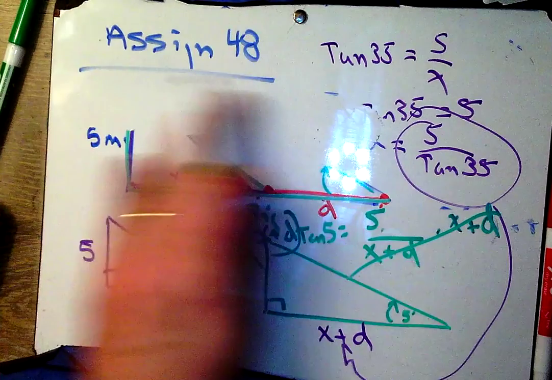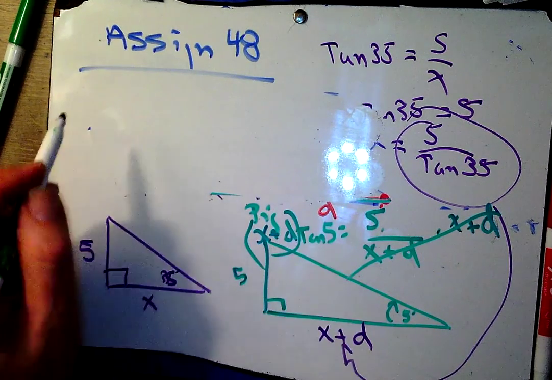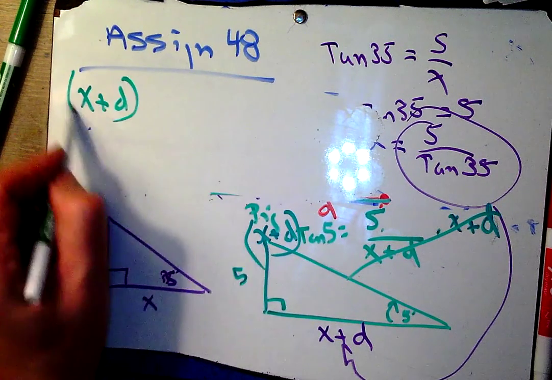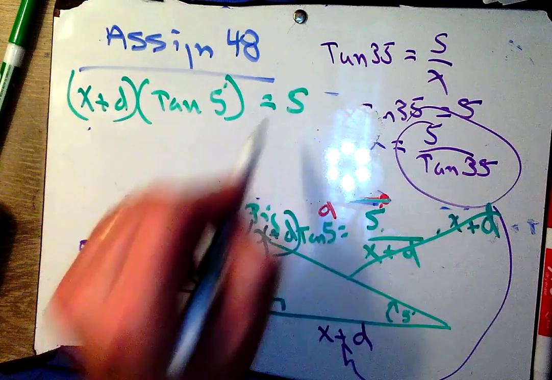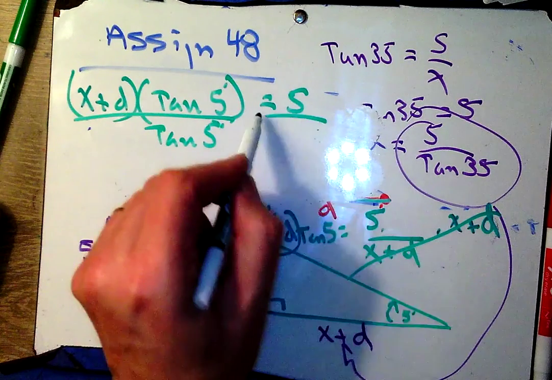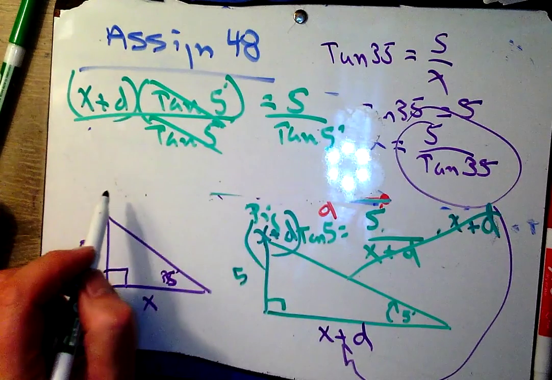In fact, I could even solve that equation for d. x plus d times tan 5 equals 5. Well, if I divide both sides by tan 5, I've got x plus d.